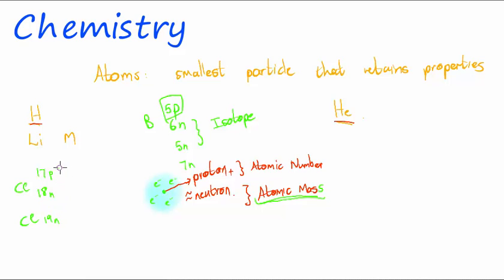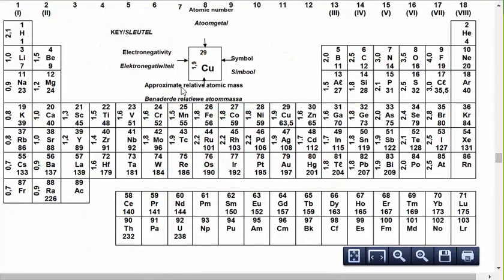So let's say that 50% of the chlorine that we got was 18 neutrons, and 50% was 19 neutrons. Then what we'll do is we'll say 18 times 0.5, plus 19 times 0.5, that will give us 18.5. Do you see? And that's why it's called the approximate relative atomic mass.